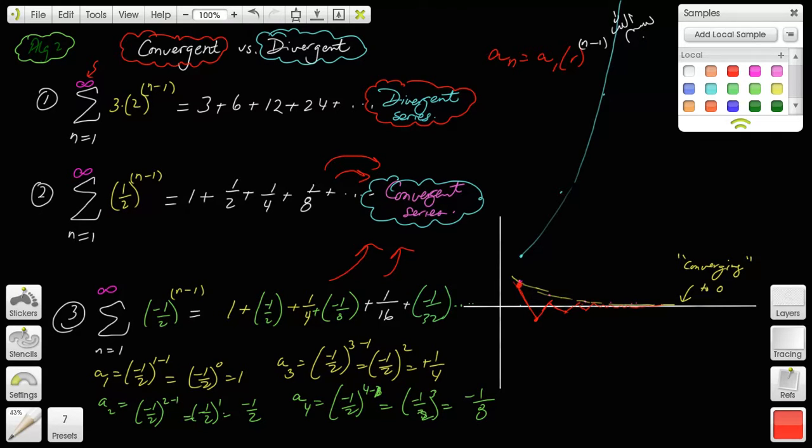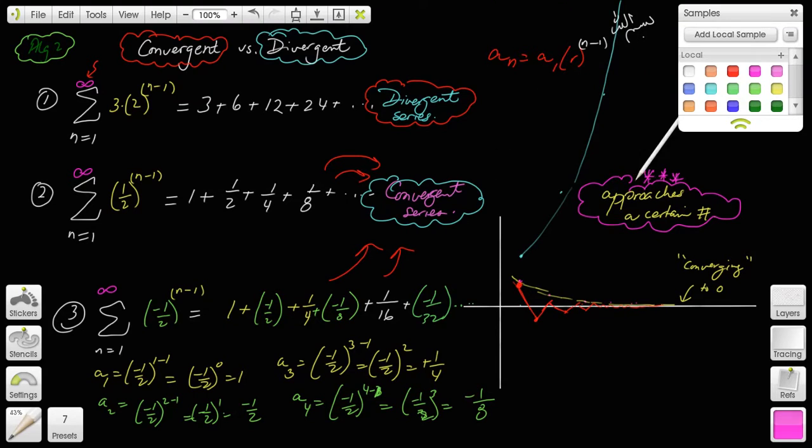So the concept of a series converging is that a series converges if it approaches a certain number. So that is the concept of convergent versus divergent sequences or series, and this is a very, very important concept.